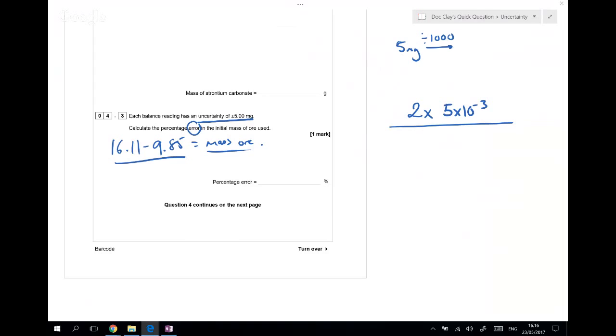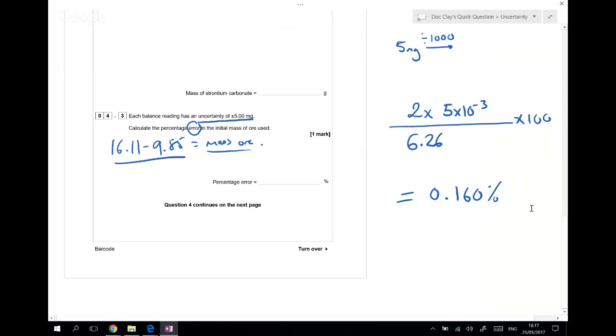We get 6.26, times by here our value of 100, and that gives us our error. 5 times 10 to the minus 3 multiplied by 2, and then finally here divided by 6.26 gives us an answer here of 0.160% error.